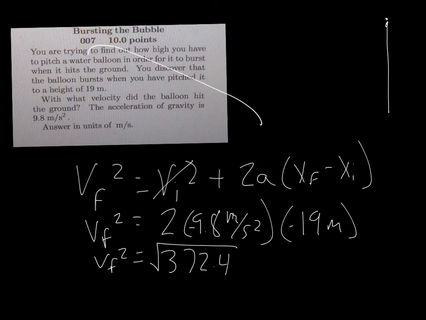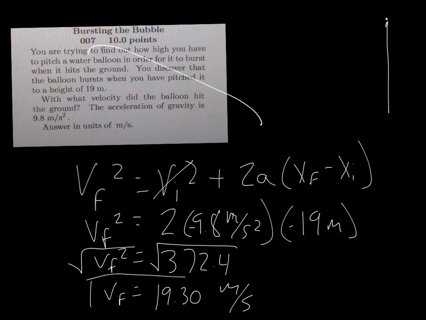We have to take the square root of that, and that's going to give you a final velocity in meters per second of 19.30 meters per second. All right, hopefully that helped you out with your homework. If you have any questions, please let me know.